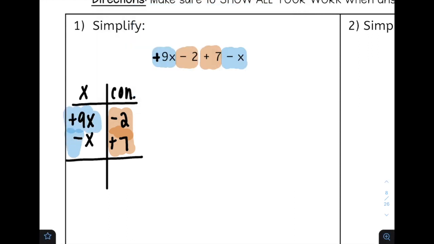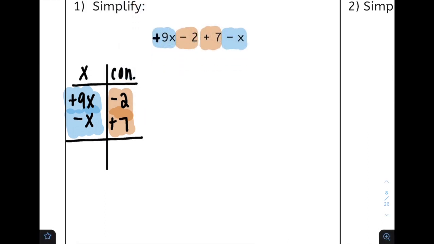So if you think about the different values I have, 9x minus x, technically it'd just be -1x. So if I have 9 x's and I take one away, the only thing I'm left with is 8x. If you forget, you can actually draw out 9 x's. What happens if I take one away? I'm going to erase. I'm left with only 8. So I have 8x, and that's a positive 8x.